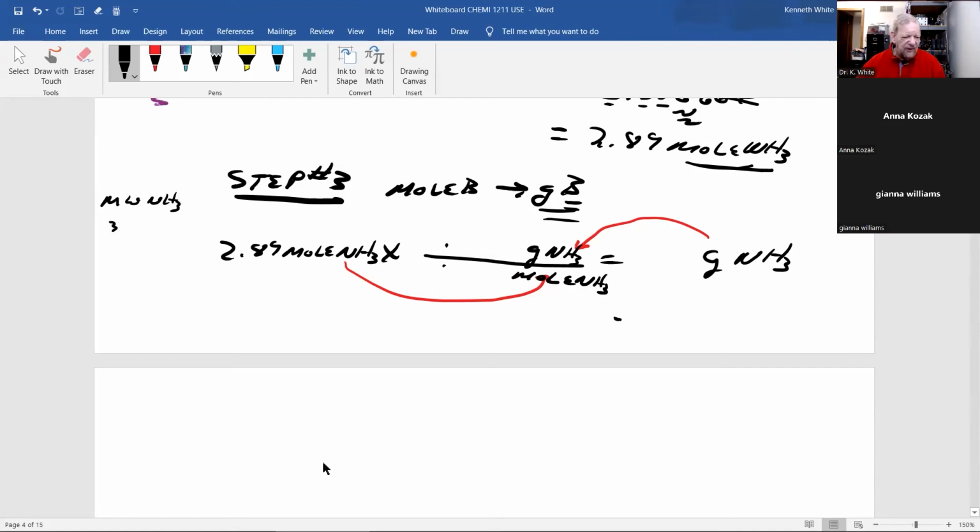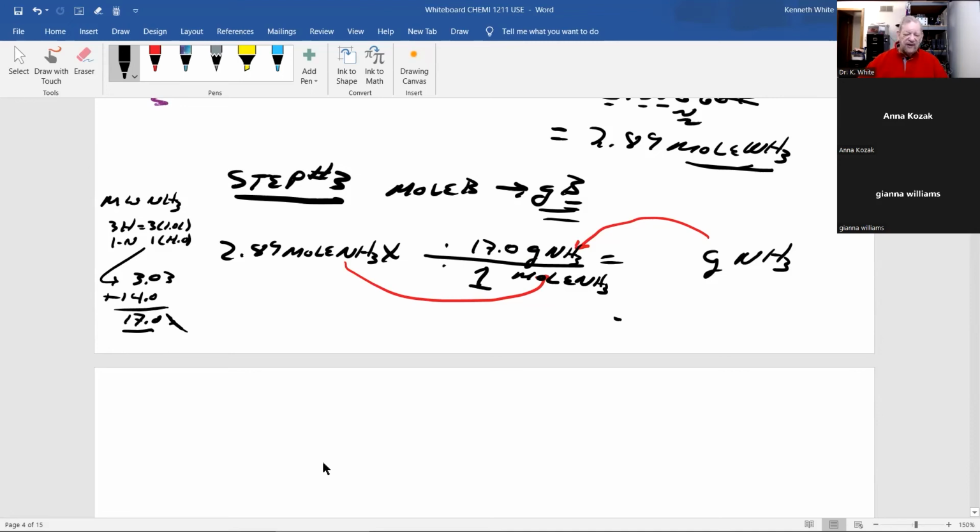So I'll do it real quick. 3 hydrogens, 1 nitrogen. To the proper significant figures, the molecular weight of ammonia is 17.0. So for every 1 mole of ammonia, I have 17.0 grams.